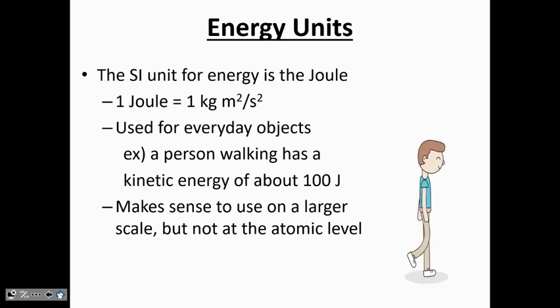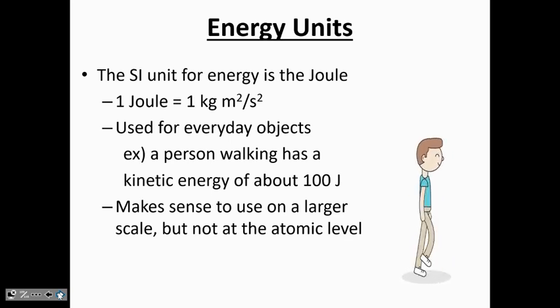Now, we use the joule when we're talking about the energy of everyday objects on the scale of people and our everyday experience. For example, a person taking a leisurely stroll might have a kinetic energy of about 100 joules.